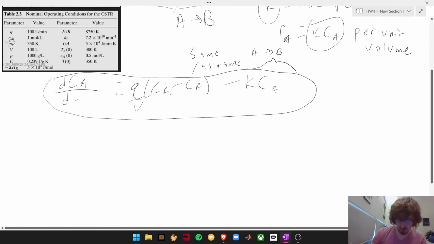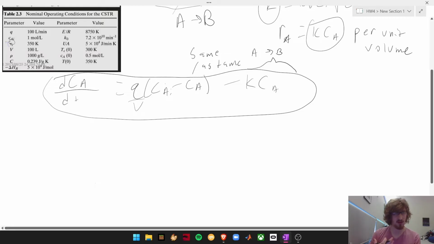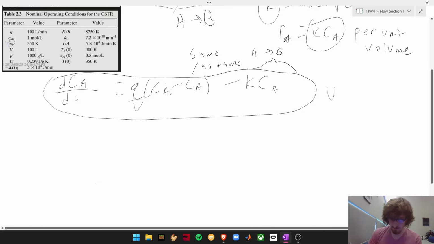And then for our second equation, we're going to have to go back to how energy leaves the system through the coolant jacket, how the coolant jacket works. So in this case, we have UA, and this is some rate at which the change happens.